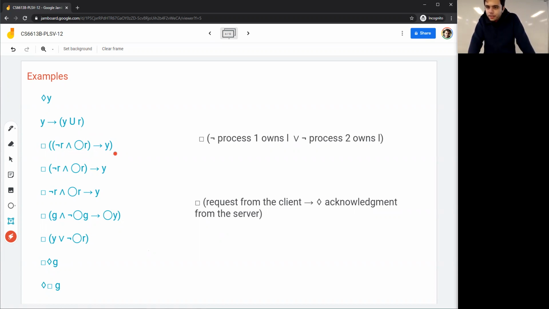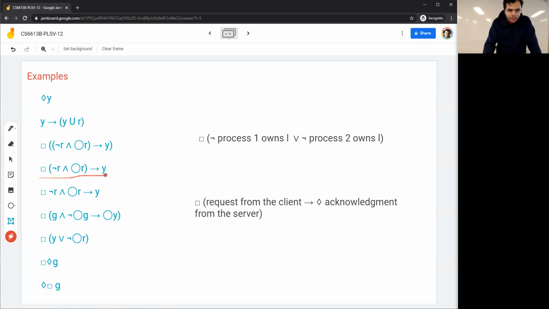If the light is not red and it turns red next moment, then the light is yellow now, always holds. Yes, okay, that's correct. So basically at every point in time, if you know that at that point the red is off, but then in the next point red becomes on, then you know that at that point yellow is on, right? So whenever you transition to red, you transition through yellow.